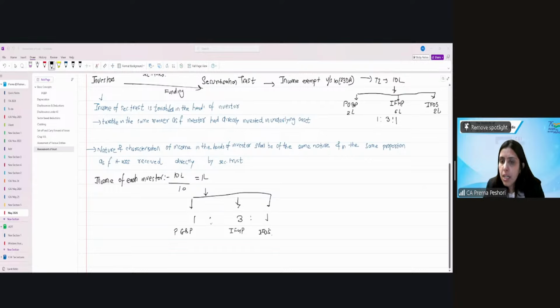Okay. And plus there will be TDS when the securitization trust distributes the income to the investor. So there will be TDS on the income payable to the investor under 194LBC, sorry, LBC, not LBA.